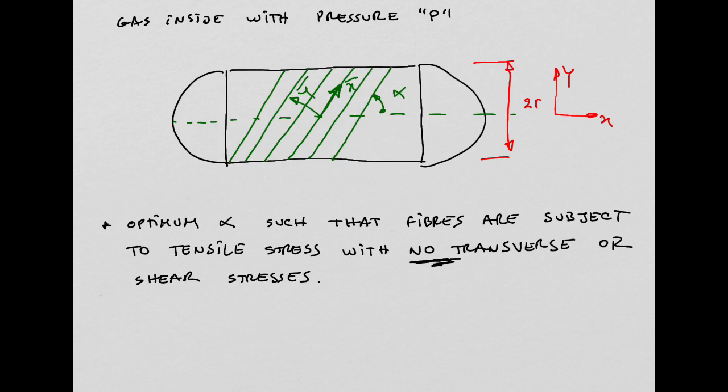So I'm going now to transform. We have sigma xx, sigma yy in red. I'm going to transform from the red coordinate system to the green coordinate system, or the laminar coordinate system, x bar, y bar.